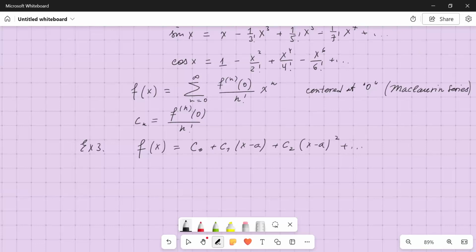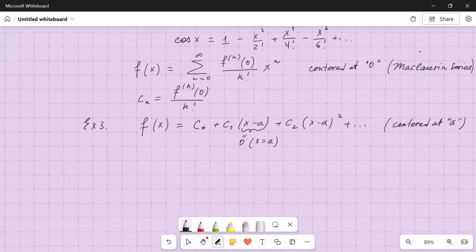That's the general representation of a power series centered at a, right? I'm going to start doing the same operation I was doing for x equals 0. But to benefit from that operation, you cannot set x equals 0 here. If I do, I'm going to get c1 multiplied by minus a. I need to turn it into 0. If I want to do this, I set x actually to a.